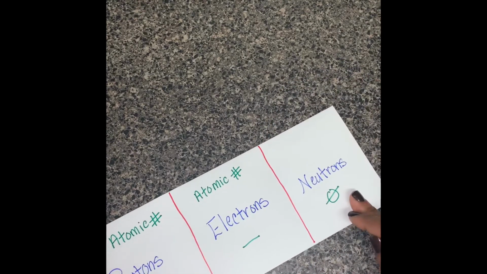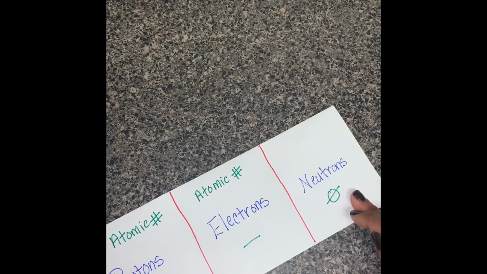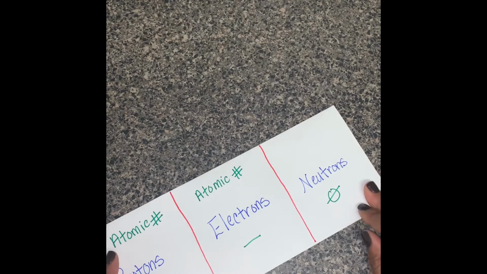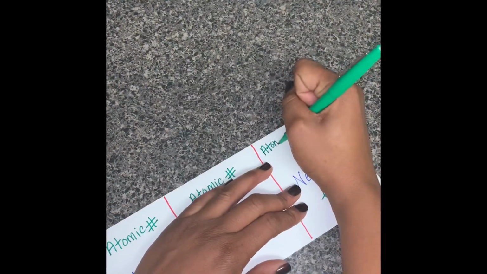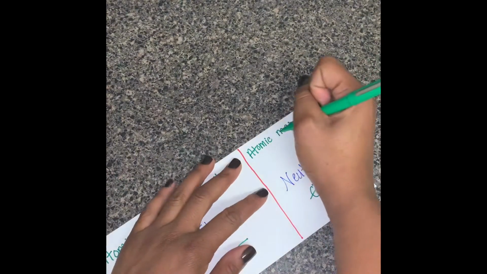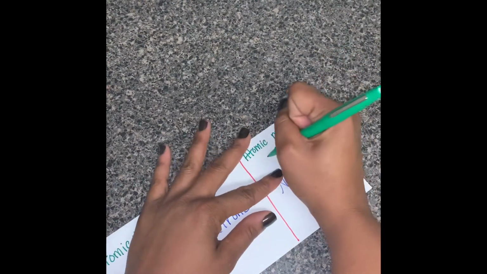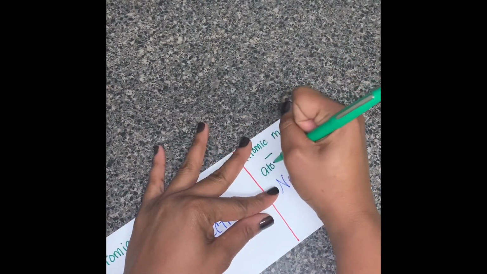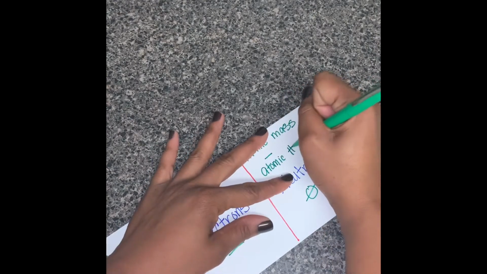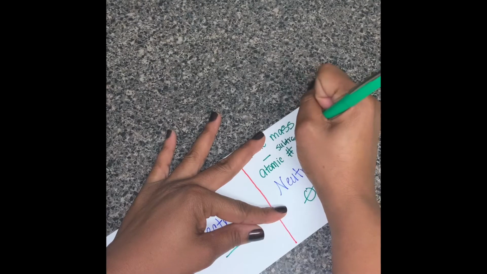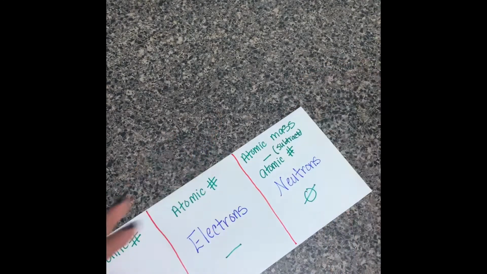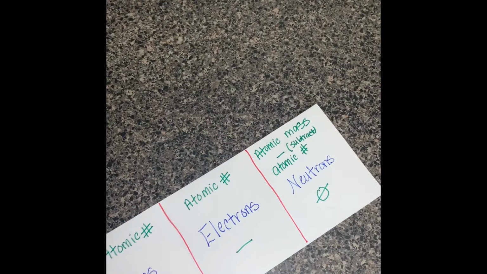And our neutrons are going to be calculated by using the atomic number and subtracting it from the atomic mass, so that atomic mass minus your atomic number is how we're going to get our number of neutrons. And we have to calculate those by subtraction.